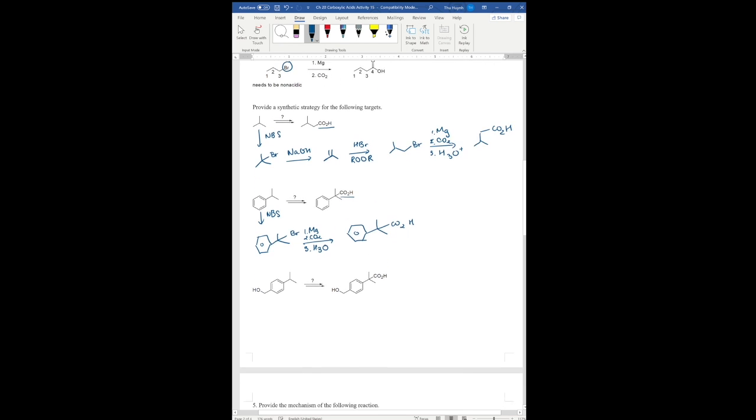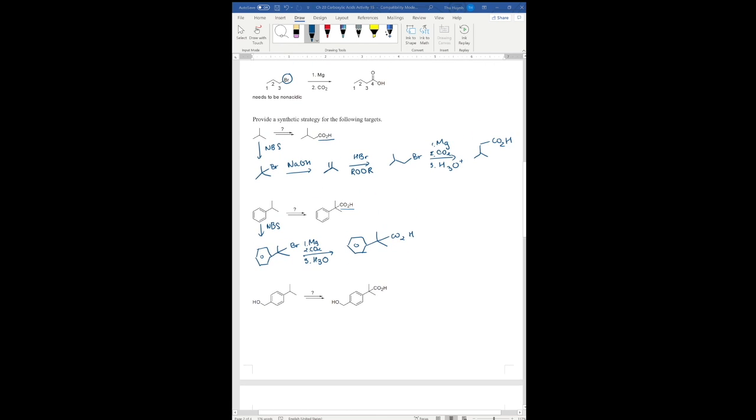Okay, let's move on to the second one. This one is actually a little bit trickier, because if we want to add Br right into this position, we have to consider the fact that there's an OH group right in this position and we need to protect it first. So let's start with protecting your alcohol group. And then from now on, we can use the same method, NBS, to add our Br group.